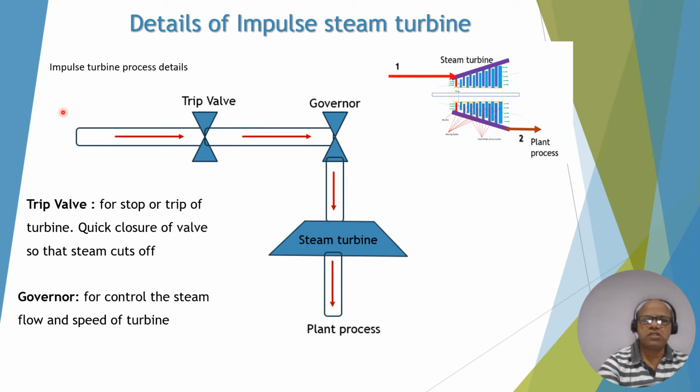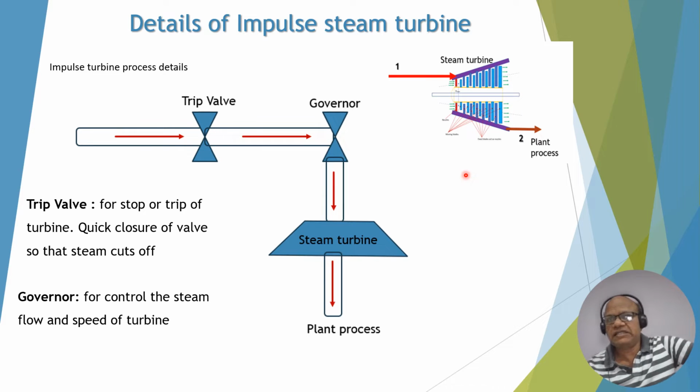Now we have to narrow down our study. We focus only on process 1 and 2, which is nothing but the steam turbine, and we are discussing only the impulse type of turbine. We normally have two types of turbine: one is the impulse turbine, another is the impulse and reaction turbine.